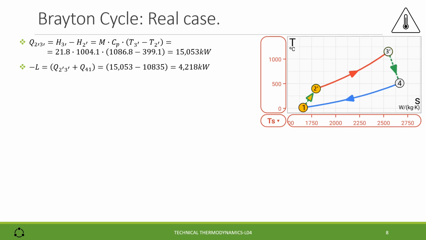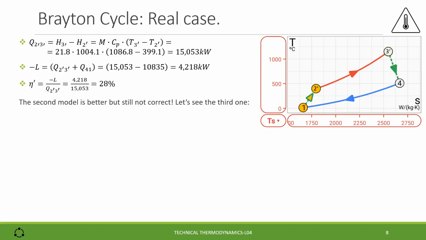The negative technical work is the sum of the heats over the transformations 2 prime, 3 prime and 4 1, being the result 4,218 kilowatt. Finally, the calculated efficiency eta prime says in the new case 28%.